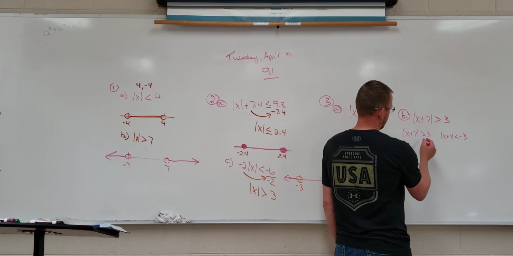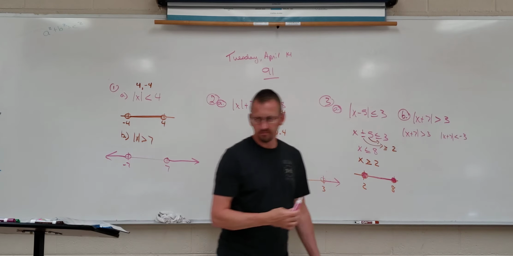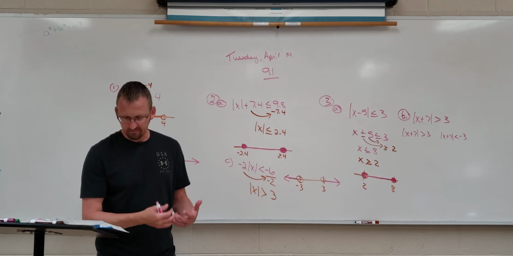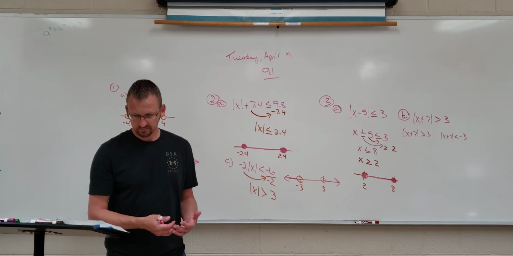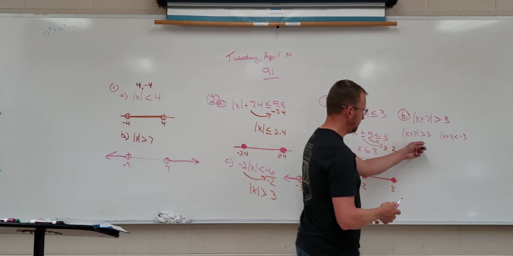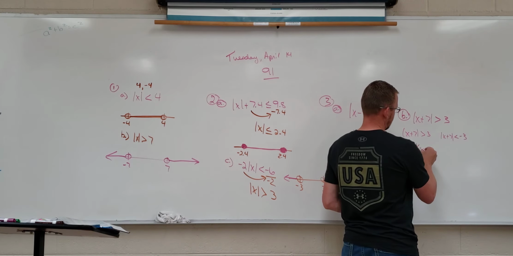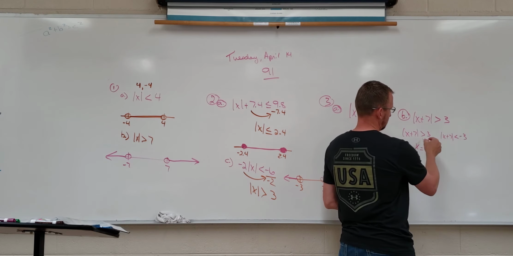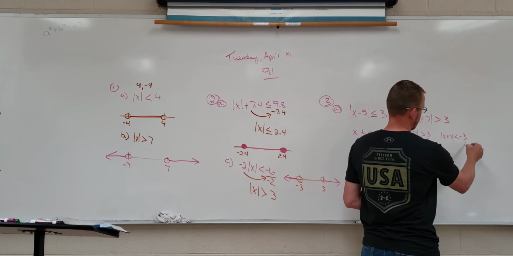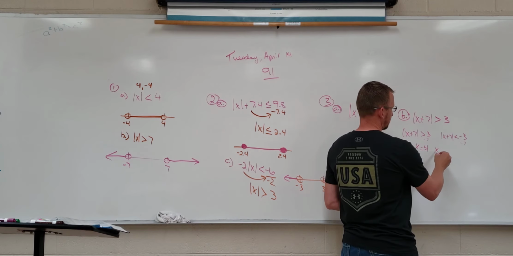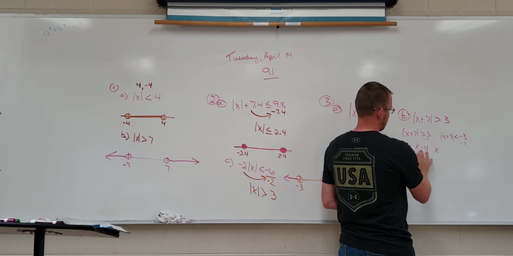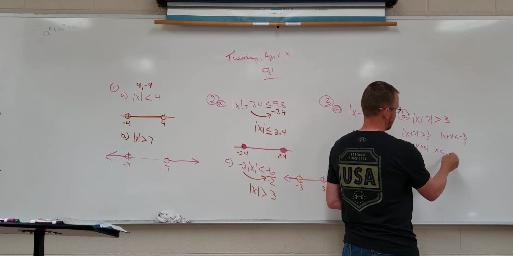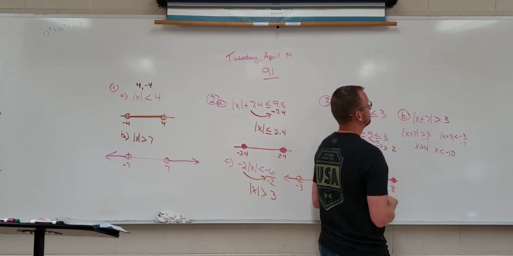So, 3 minus 7, in this case, 3 minus 7 is going to give us a negative 4. Over here, I'm subtracting again, x is less than negative 10.